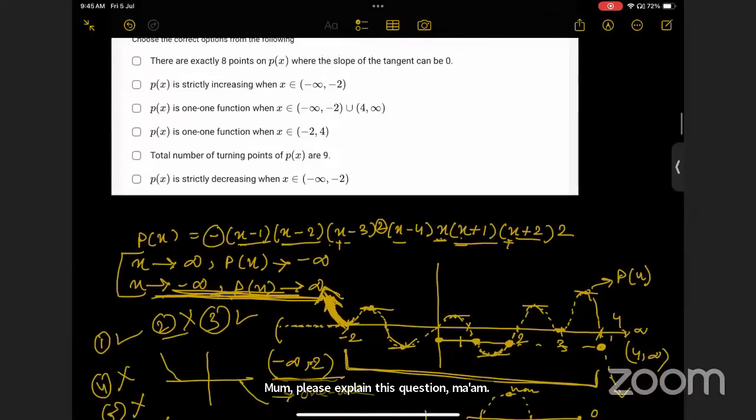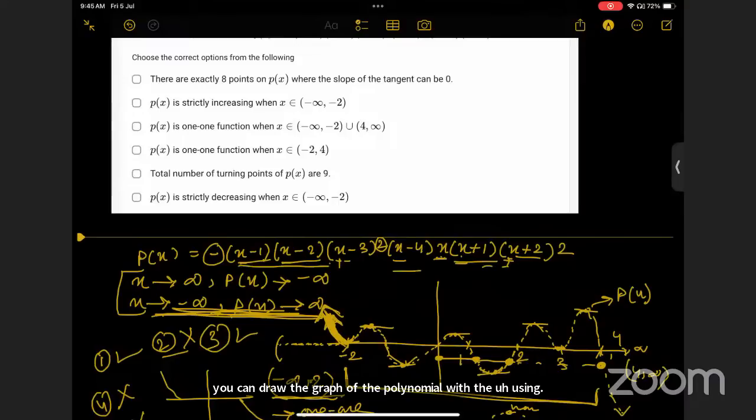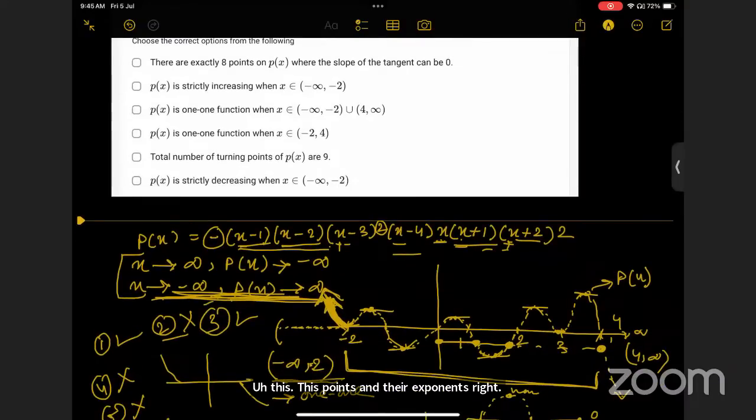So you have given the polynomial here. You can draw the graph of the polynomial using these points and their exponents, and you can also consider the end behavior. Then you can draw the graph, and from the graph you can verify the options.